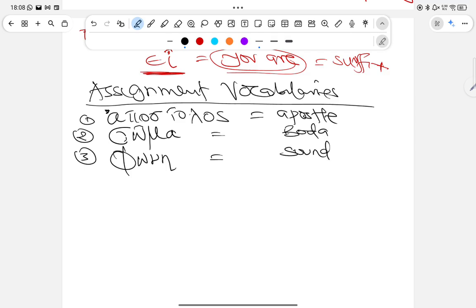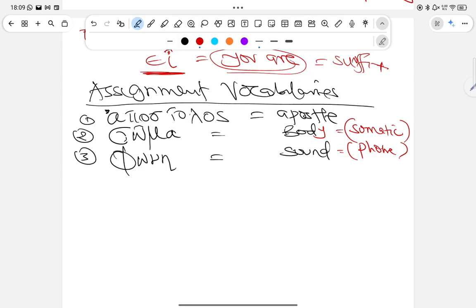Now, as you think of this for body, for soma, think of somatic, right? For sound, think of phone. What comes out of your phone, right?